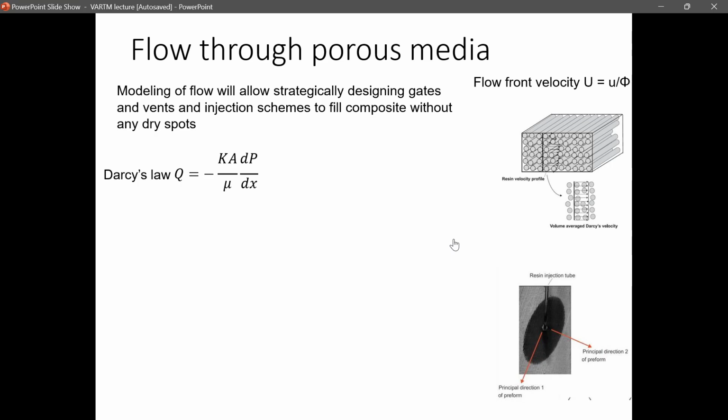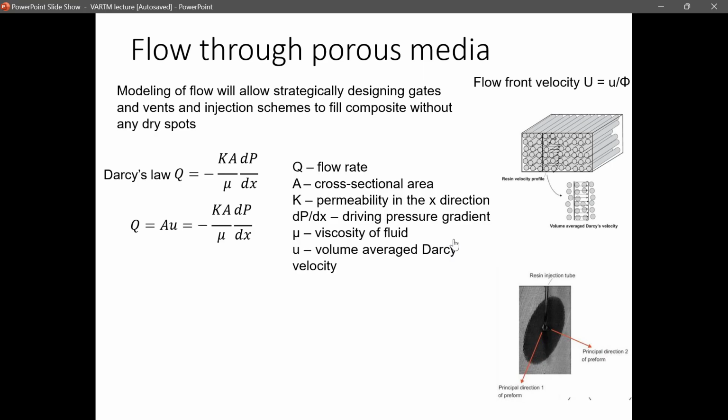Essentially, Darcy's law says that the flow rate in anything is related to the pressure drop, right? The pressure change in the system, dP/dx, among other things. These other things are the permeability of the system, the viscosity of the fluid, and also the cross-sectional area of your fiber, in this case, fiber and the distribution medium.